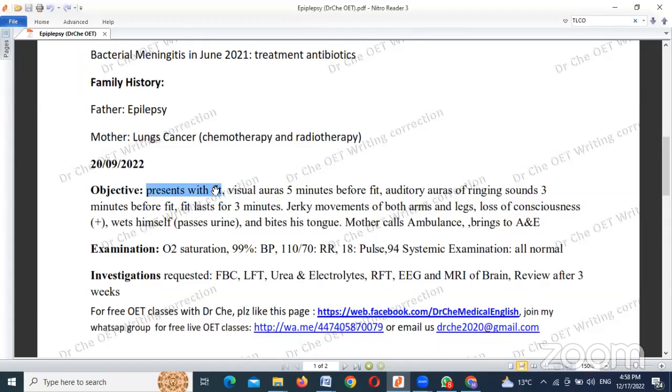So instead of fit, you can write on this date, Miss Jenkins experienced jerky movements of both her arms and legs. Okay, preceded by auditory and visual hallucination. Okay, you can mention a little bit about the duration. And the accompanied symptoms, loss of consciousness, passing urine and biting her tongue, you can write in a separate sentence.